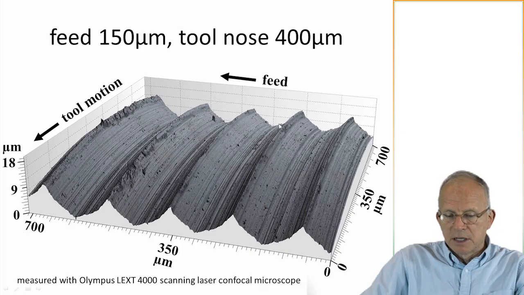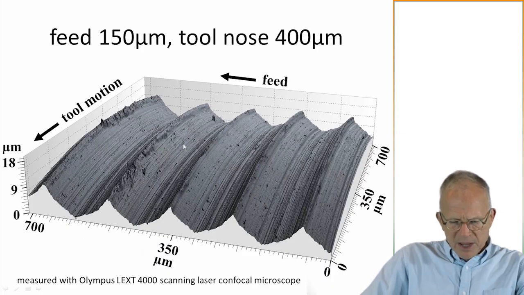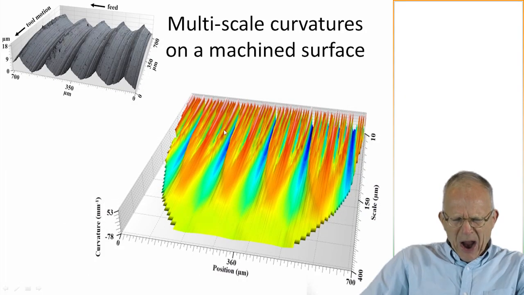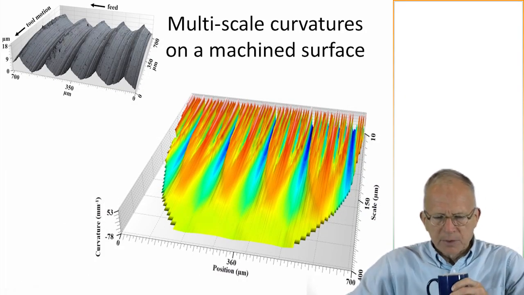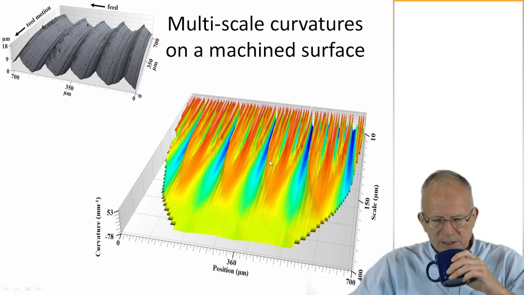So here we can see, here is the tool nose radius there. And this is slightly distorted in the vertical direction, more than slightly, because there's the vertical axis, there's the horizontal. So that these are highly exaggerated. Excuse me. So here's something we'll have a look at in more detail in the next lecture.